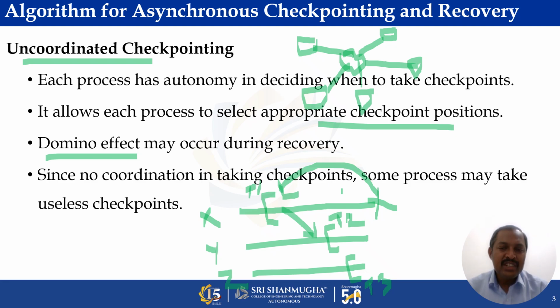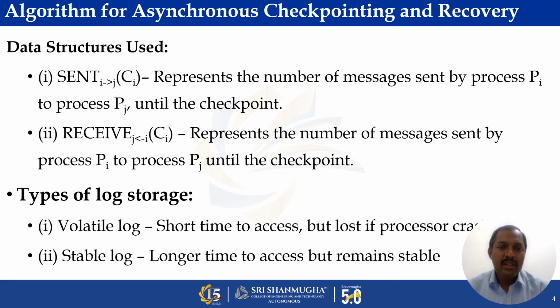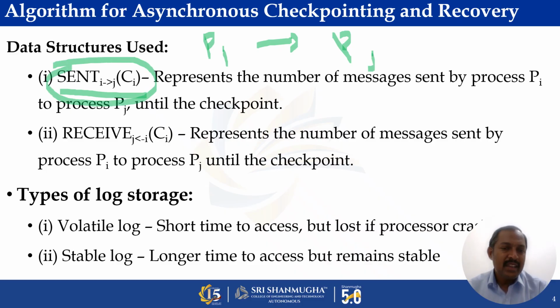Since there is no coordination in taking checkpoints, some processes may take useless checkpoints also. In this algorithm, data structures are used. Sent(i,j) is the send count: how many messages were sent from Pi to Pj. That count is stored in a data structure. Next, how many messages were sent from Pj to Pi?